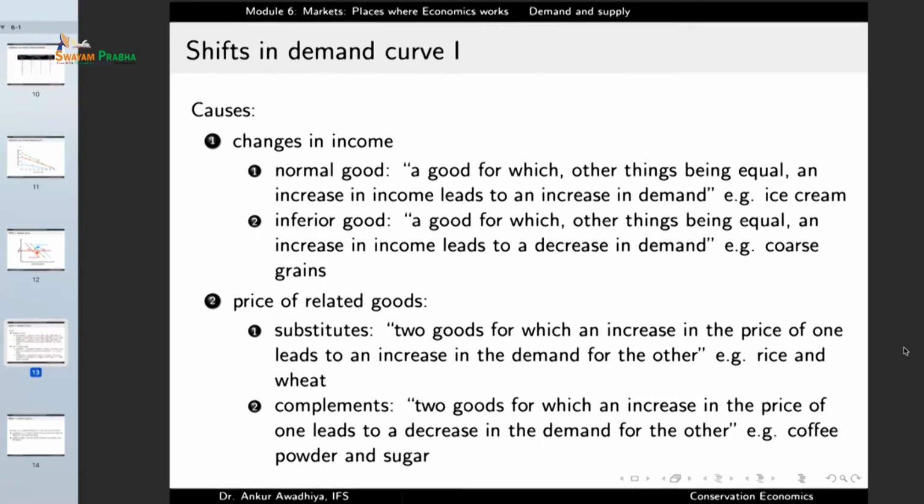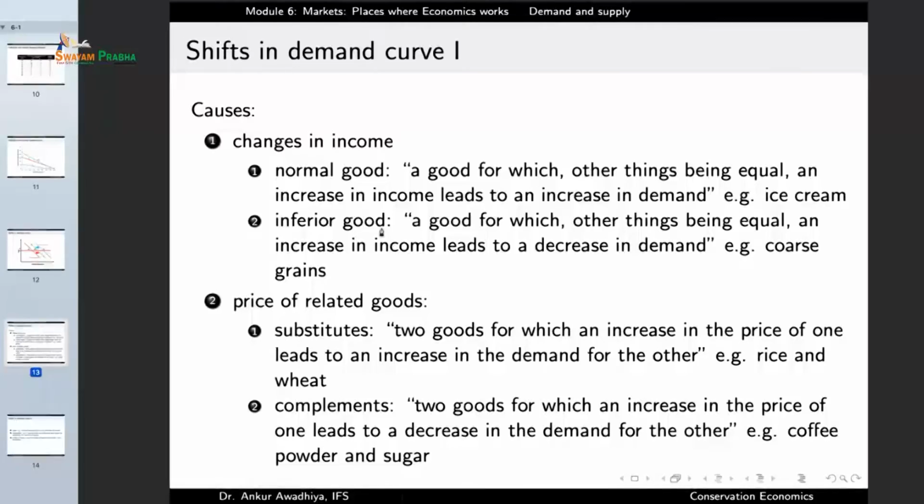On the other hand, there could be certain goods that are known as inferior goods. An inferior good is defined as a good for which, other things being equal, an increase in income leads to a decrease in demand, such as coarse grains. So, what we are saying here is that when you were earning 10,000 rupees a month, suppose you were buying 30 kgs of coarse grains, say millets, in a month. Now, if your income increases, in place of earning 10,000 rupees, you are now earning 50,000 rupees.